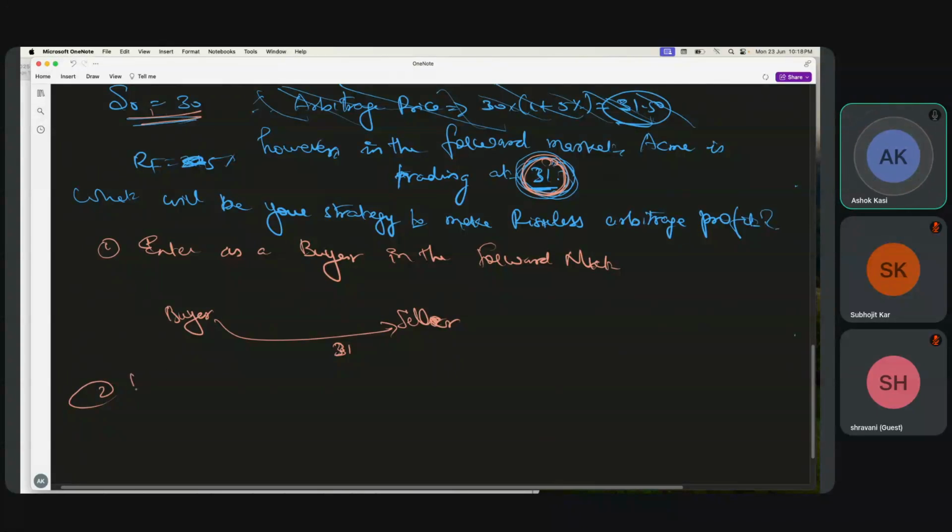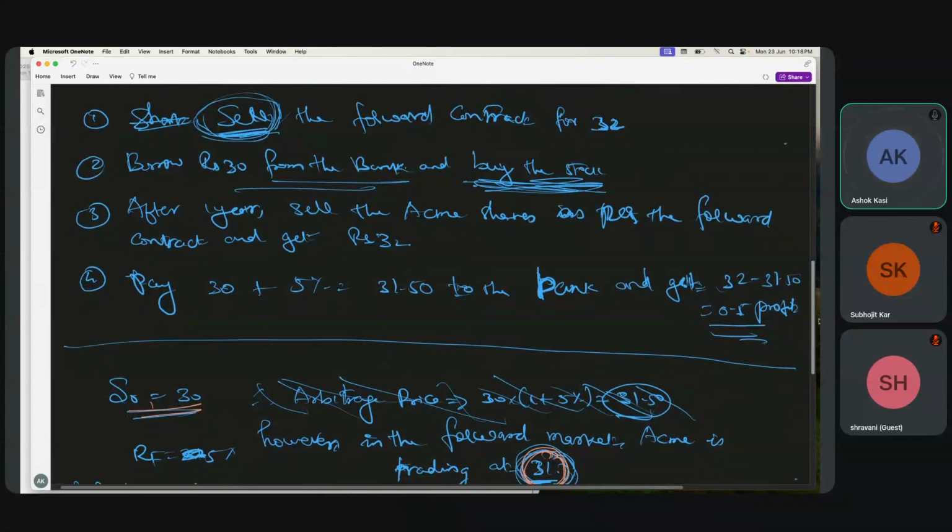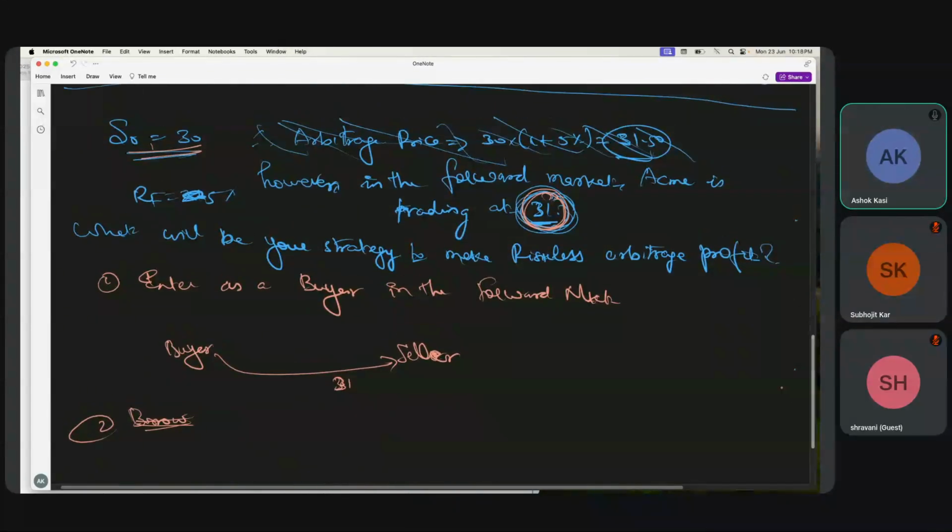So today you will short sell the stock. One side if you're buying, the other one you should sell. Okay, remember that way. When you short sell the stock, that means you are selling the stock.